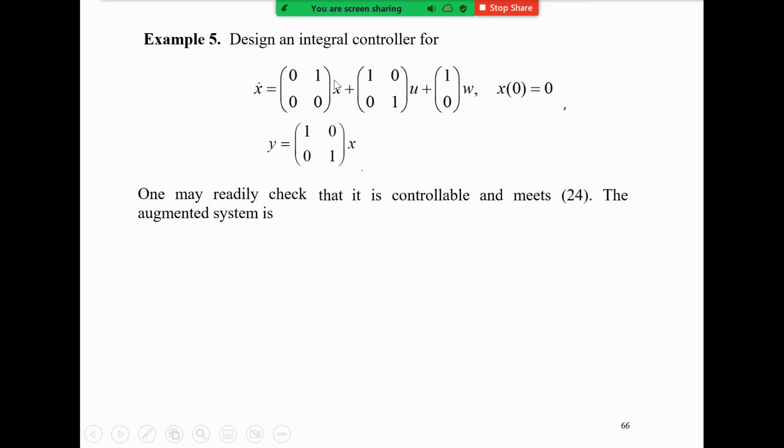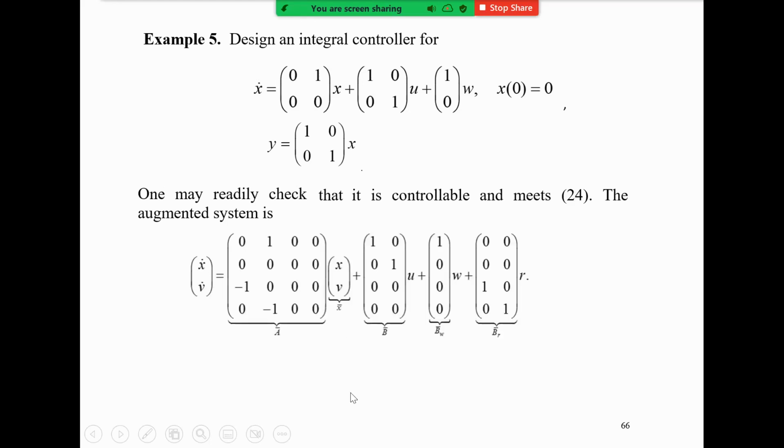Of course, you can check this original system is controllable. And then we can get the augmented system. Now the augmented system is 4th order, right? It's a 4x4 matrix. This is A bar. Then this will be the C bar.